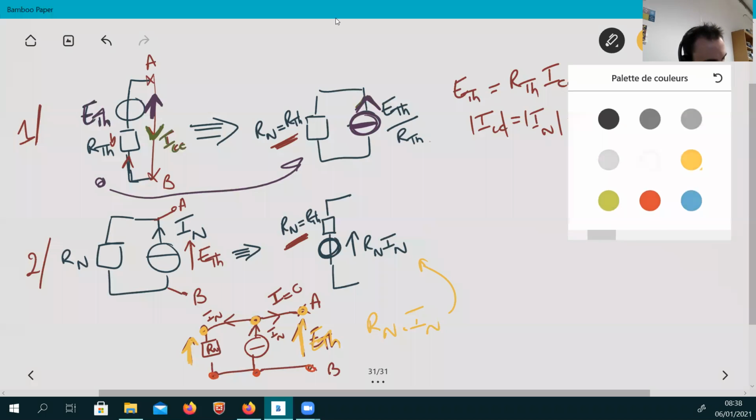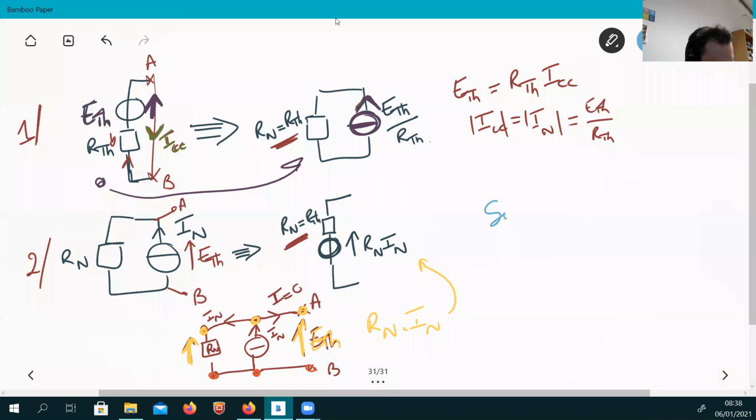And this is what we will see right after, and this is called the simplification theorem, or the equivalence theorem, which is only using this quick exchange between Norton and Thevenin models to simplify your circuit.